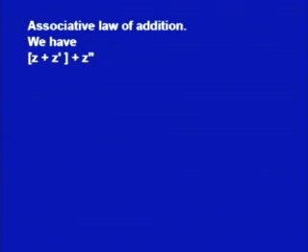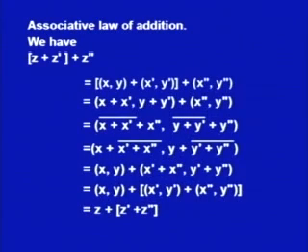Similarly, for the associative law of addition we can write z + z' + z'', the third complex number. If we write these complex numbers as (x, y), that is x + iy, plus x' + iy', and then add (x'', y''), that is x'' + iy''.